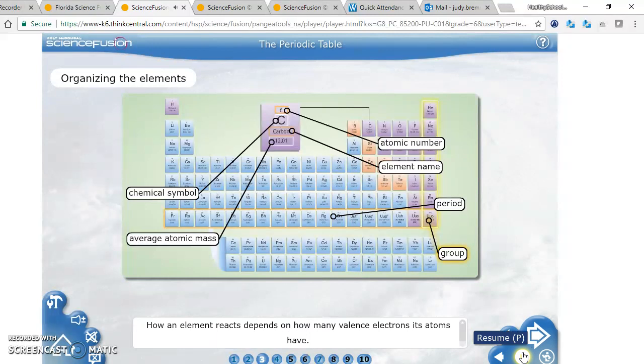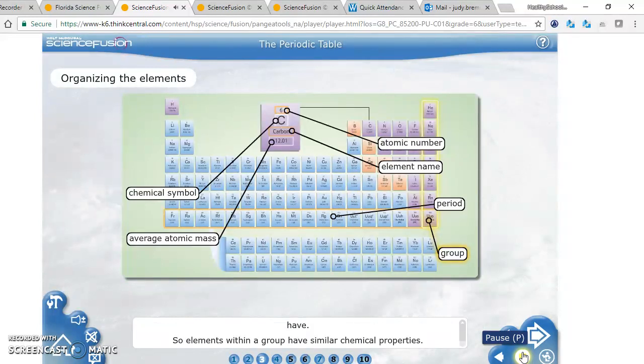How an element reacts depends on the number of valence electrons its atoms have. So elements within a same group have similar chemical properties. For example, elements in group 18, the noble gases, are unreactive. Their atoms have a full set of valence electrons.